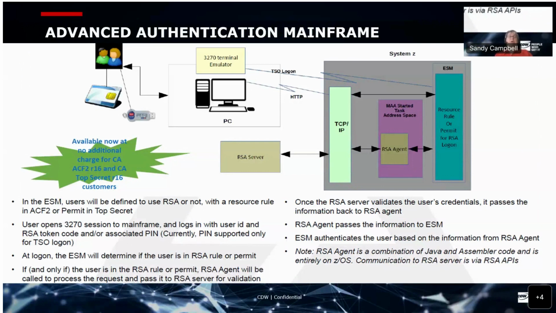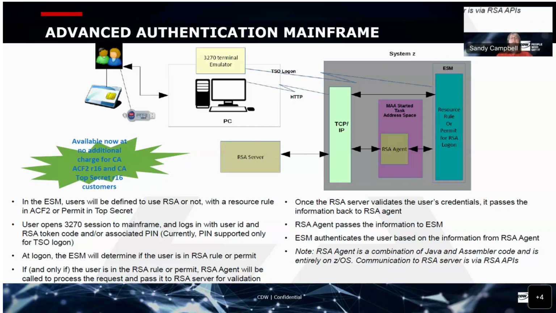In this case, you have to be on ACF2 release 16 or CA Top Secret release 16. You will be defined whether you have to use RSA or not, and this would be based on the resource rules or permits in ACF2 or Top Secret.